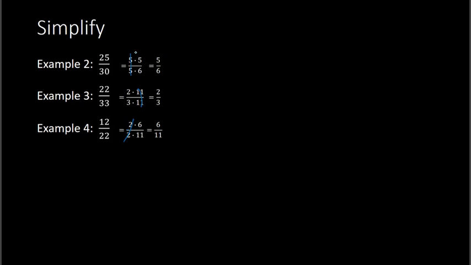Now, we can break it apart like this, or it's easier if you just take the fraction that you see and try to find the greatest common factor of the two numbers, so of 25 and 30, or of 22 and 33, and then divide both by that. For example, the greatest common factor of 25 and 30, as we learned in the previous lesson, is 5.